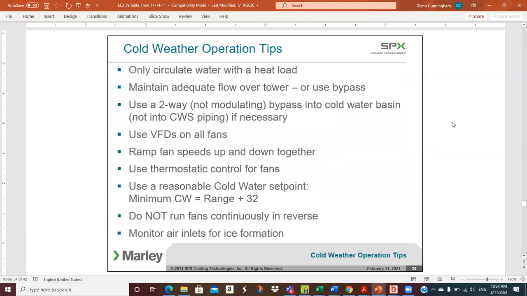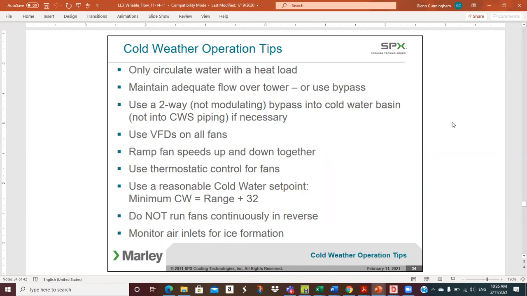Cold weather operational tips. Okay, so when it gets really, really cold outside, what are some operational procedures that we should implement? First one, only circulate water with a heat load, because you want that warm water out there interacting with that cold air, with a hope that you're not going to freeze up. Maintain adequate flow over the tower, or use a bypass.